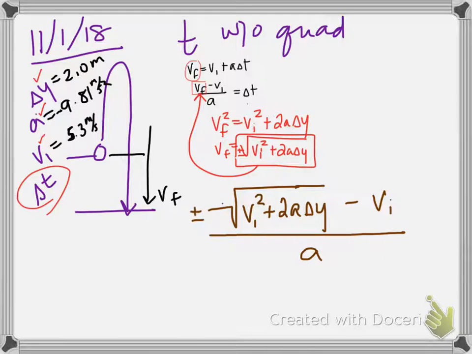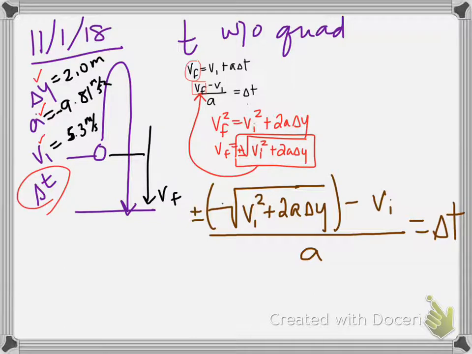If you struggle with making sure you know where that radical ends, put the radical in parentheses. That's an easy fix if sloppiness is what holds you back. And this is all equal to delta T.